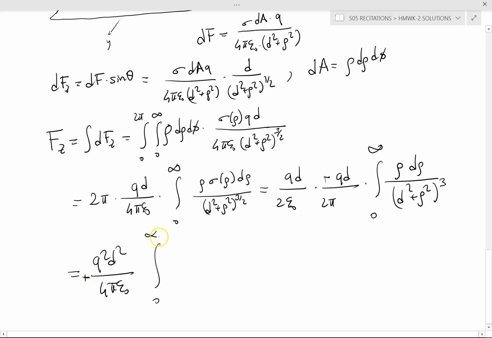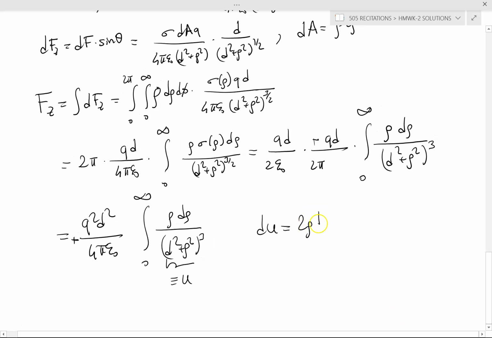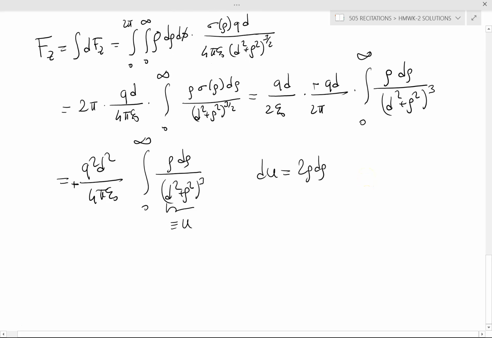So this integration is now my matter of interest. We can simply assign (d² + ρ²) to be equal to u, which means that du will be equal to 2 rho d rho. This integration becomes the integral from d² to infinity of du over 2u³, right?